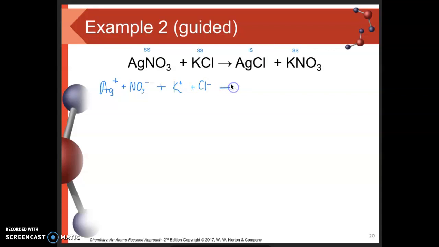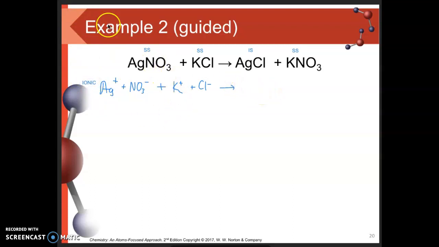Now, why did I do that? Why did I split all of those up? Well, again, remember our rules. If we have something that is a strong electrolyte, that would be a soluble salt, a strong acid, or a strong base, whatever we have written as the molecular formula here is going to split into ions in our ionic equation. And so this is our ionic equation.